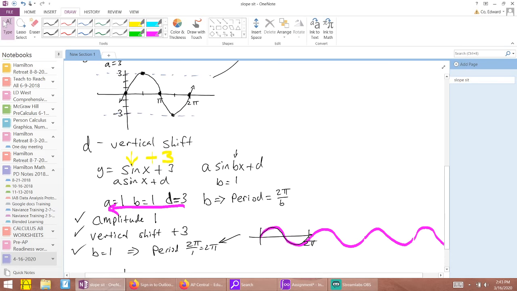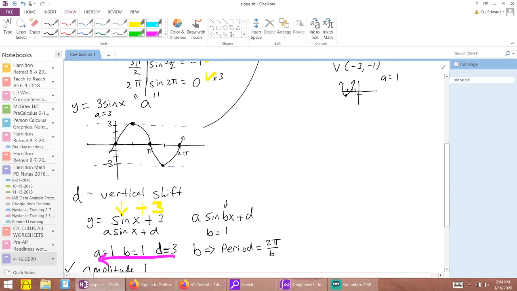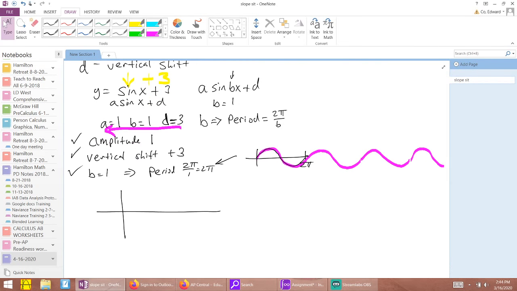And we said we know our values for our sine graph. It's 0, 1, 0, -1, 0.